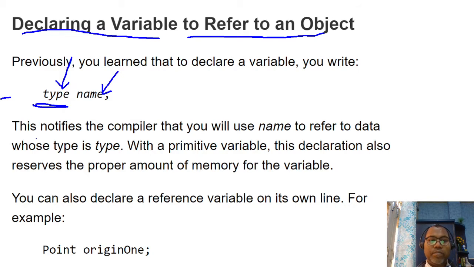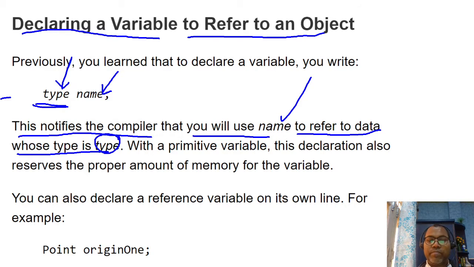This notifies the compiler that you will use this name to refer to data whose type is an object type.